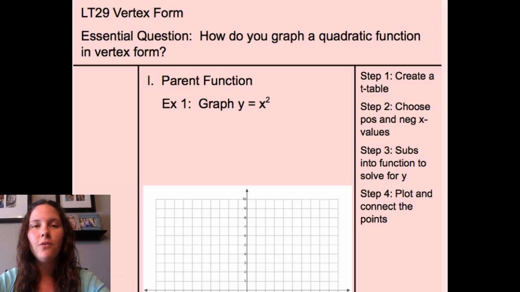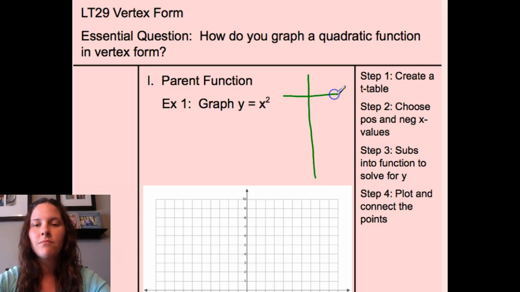So starting off, to get us used to all of the vocab, we're going to start with the most basic form of a parabola, or the most basic form of the graph of a quadratic function, and that's simply y equals x squared. So we're going to start by setting up our t-chart, x values and y values, and then we can choose any x values we want to.